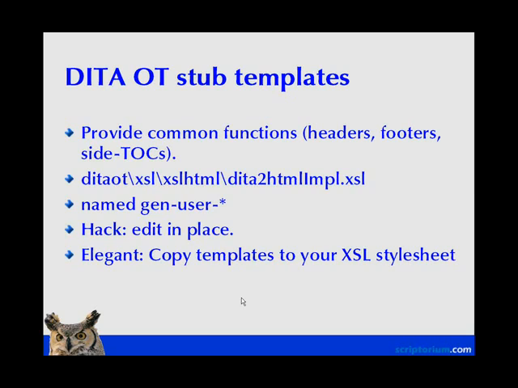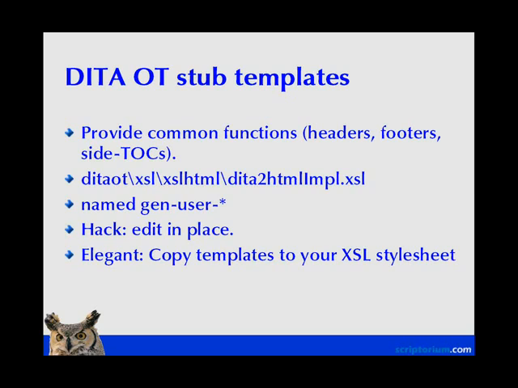So the DITA Open Toolkit stub templates, as I say, they're predefined areas within the transforms that allow you to go in and make fairly simple modifications. And so they're a good place to get our feet wet. So the stub templates, if you notice in the DITA Open Toolkit, I showed you there's the XSL folder.